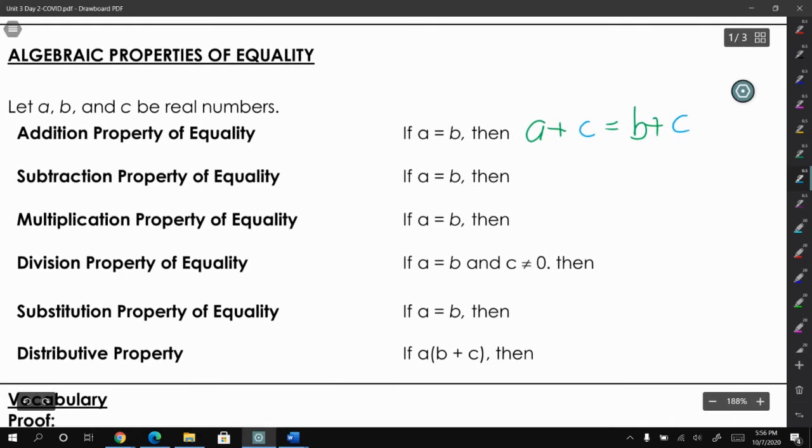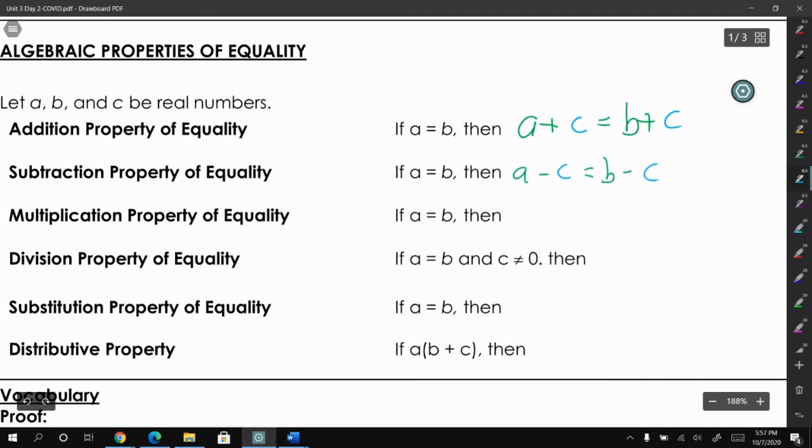Subtraction property of equality is the same thing. If we have A minus C, that is equal to B minus C. You're subtracting C from both sides. The multiplication property of equality, again, if A is equal to B, so for all of these we're assuming that A and B are equal, then A times C is equal to B times C. So you're multiplying both sides by the same thing.